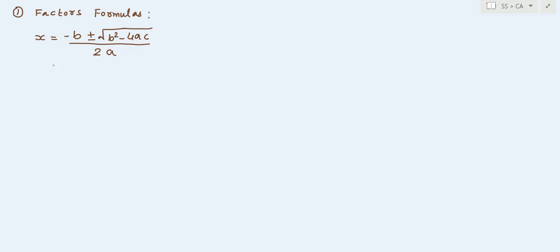Okay, where delta is equals to what? Delta is equals to b square minus 4ac.